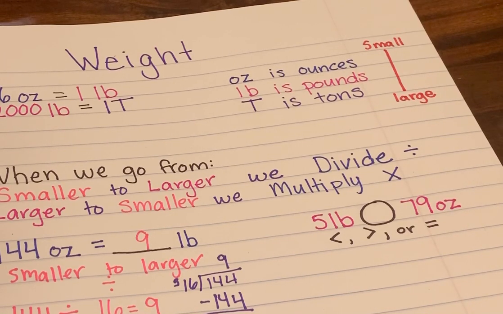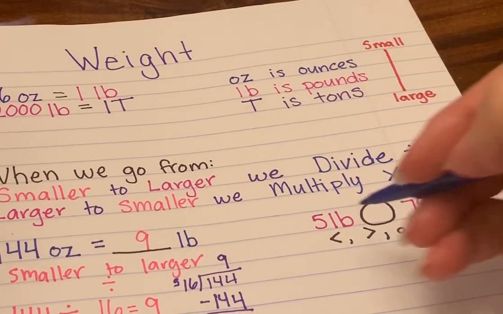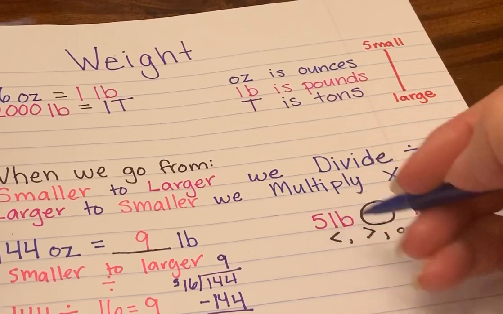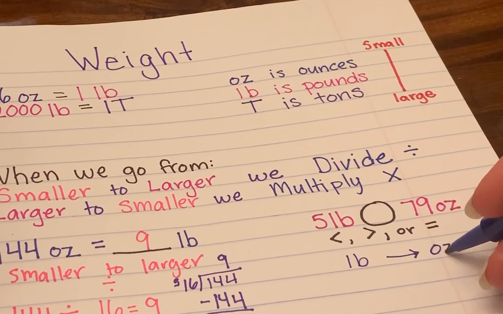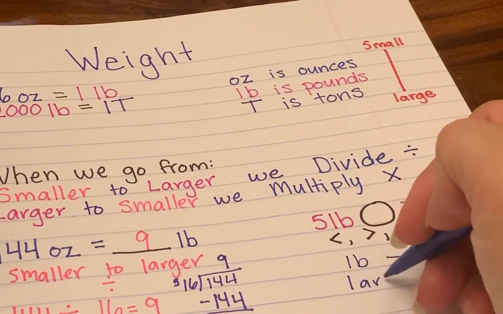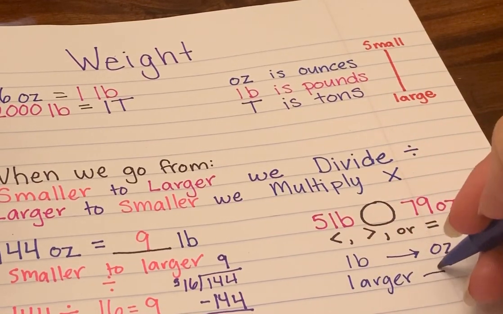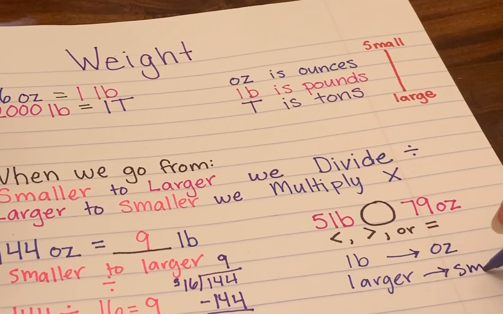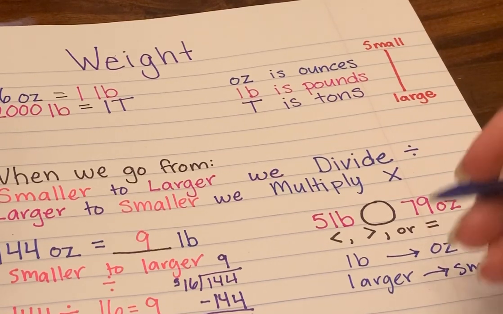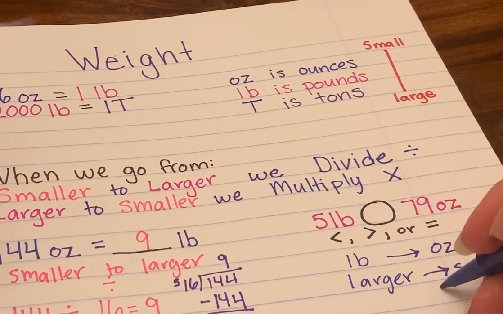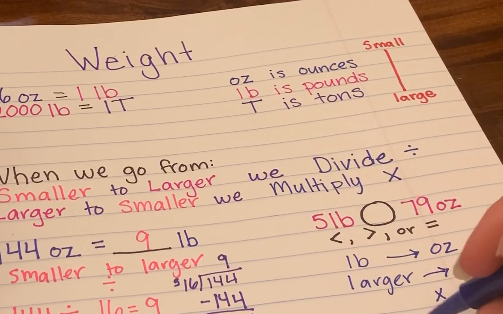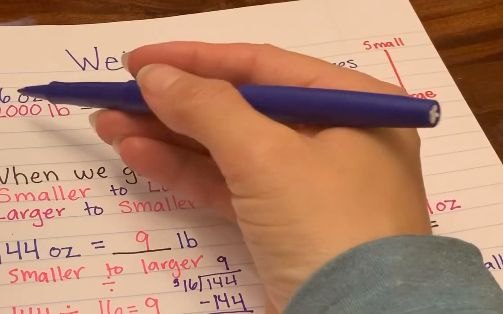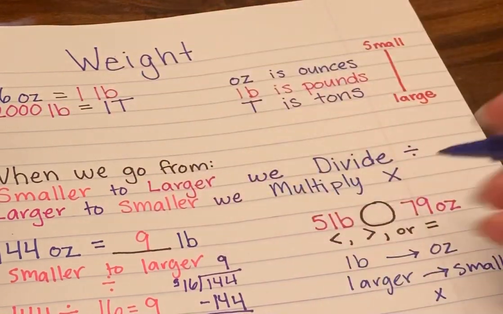So on to color number 3. I'm going to take this, because I'm going pounds to ounces, that is larger to smaller, which is going to be multiplication. So then I bring down my 5 pounds, and I'm going to multiply by 16 because there are 16 ounces in 1 pound.